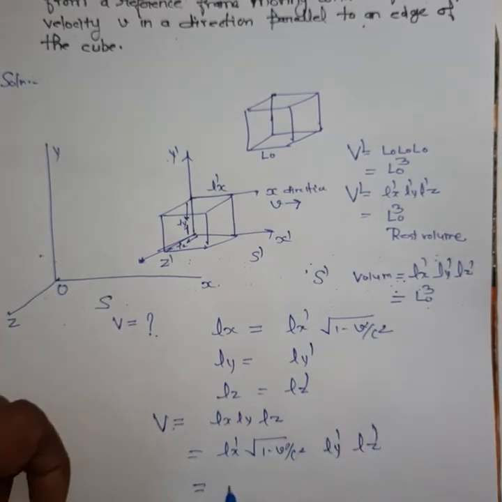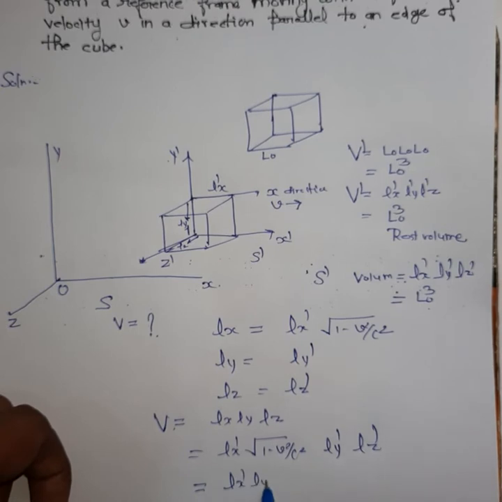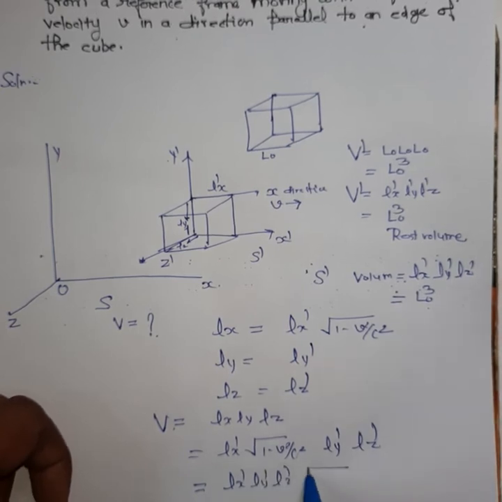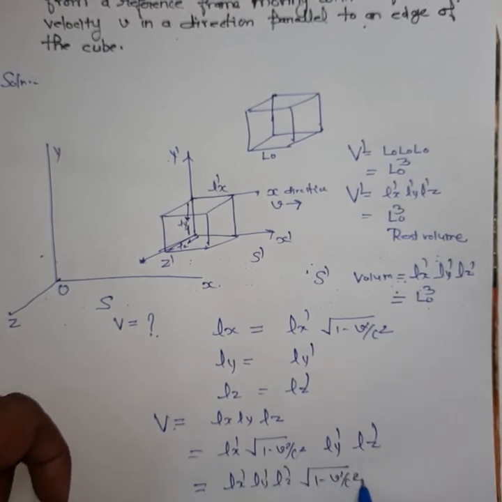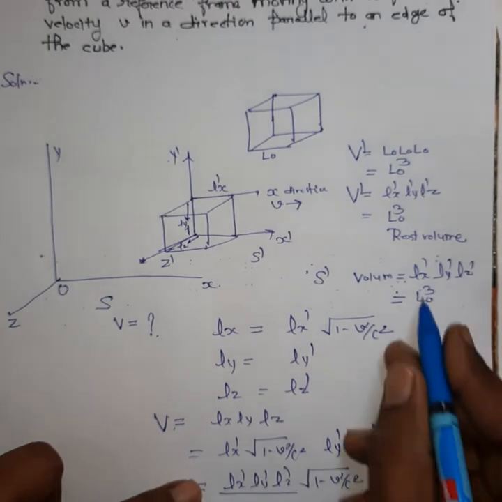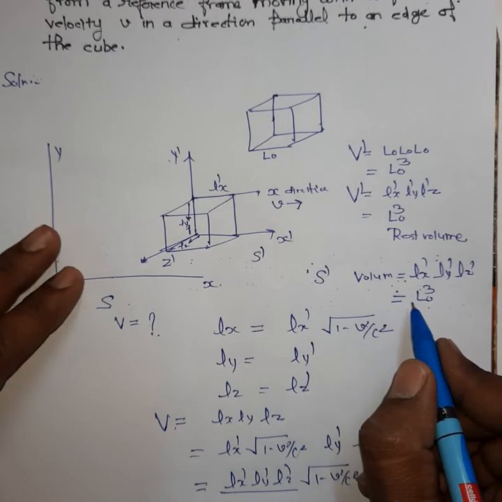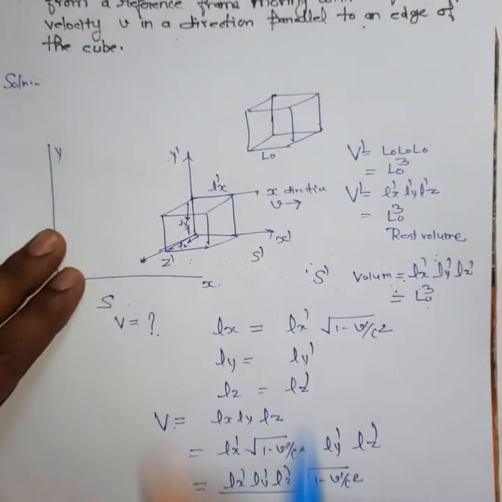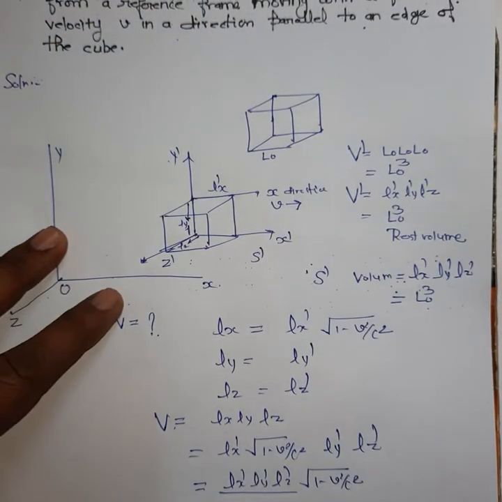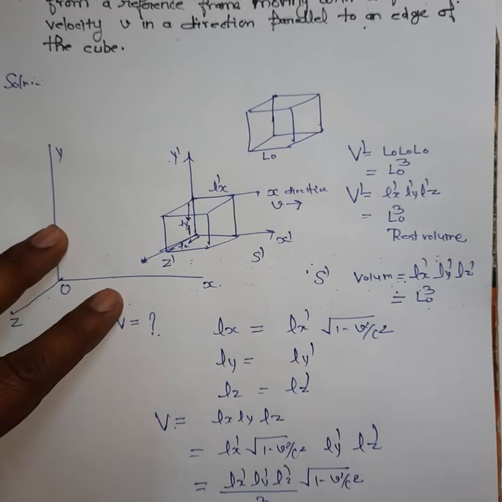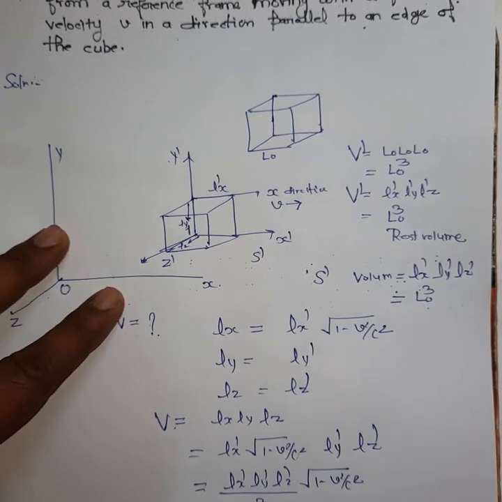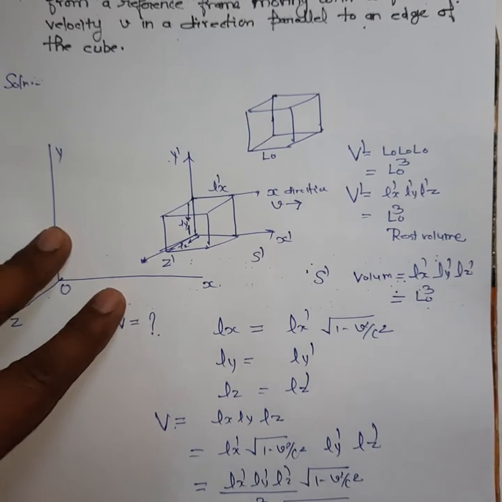What is Lx dash Ly dash Lz dash? This is equal to L naught cube, that is the volume measured in S dash frame of reference. So you can write here L naught cube multiplied by the square root of 1 minus v square by c square.